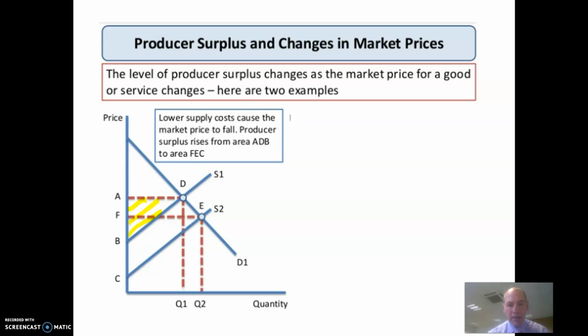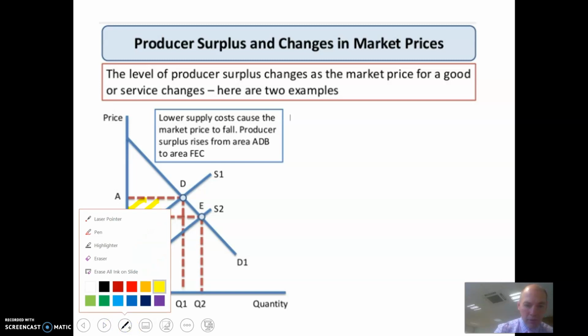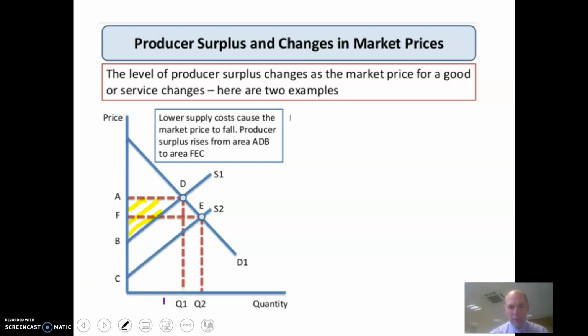It's that triangle ADB. Now if supply increases, the price will fall, and in this instance, the price would fall, so the price becomes 0F, and the new producer surplus becomes this shaded area here. FEC, the difference between what they were able and willing to supply at, as shown by the supply curve, and the price they get.